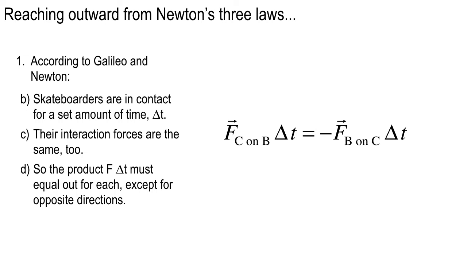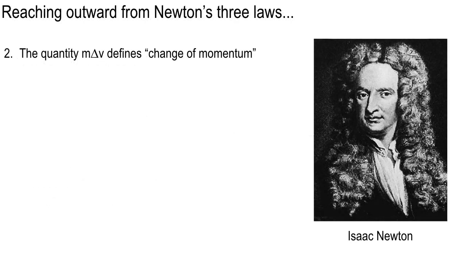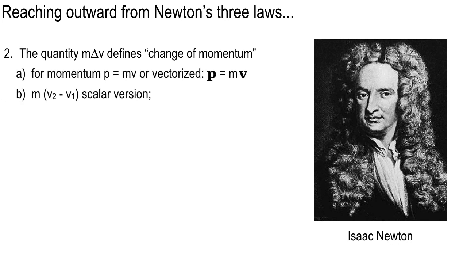Now, the quantity mv or m delta v allows us to figure out the concept of momentum. Here's the definition. The definition of momentum is mv.